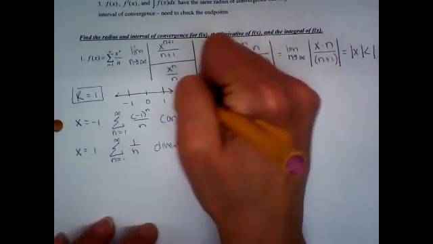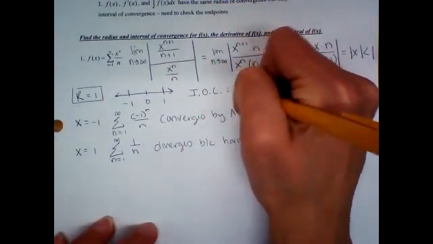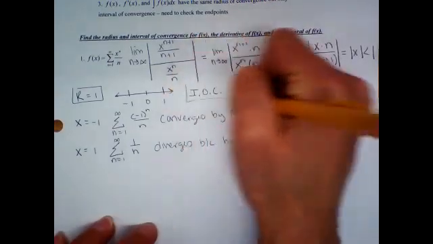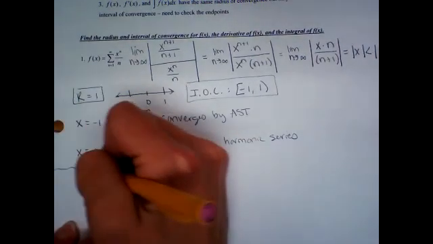So your interval of convergence is that we want to include the -1, but not the +1. So that's exactly what we've done before.